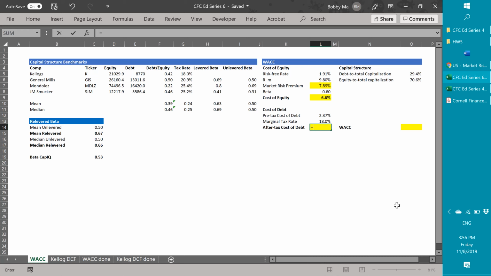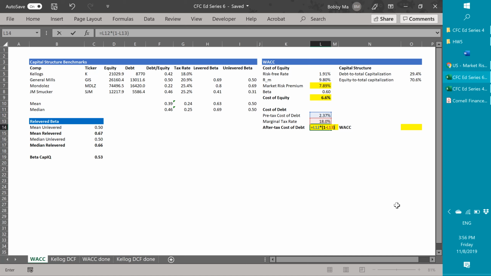And therefore, the after-tax cost of debt is this times 1 minus the tax rate. Because the cost of debt is them paying interest on the money they borrow from other people, and interest expense gets deducted from your tax, which is why the true cost of debt needs to be tax adjusted.